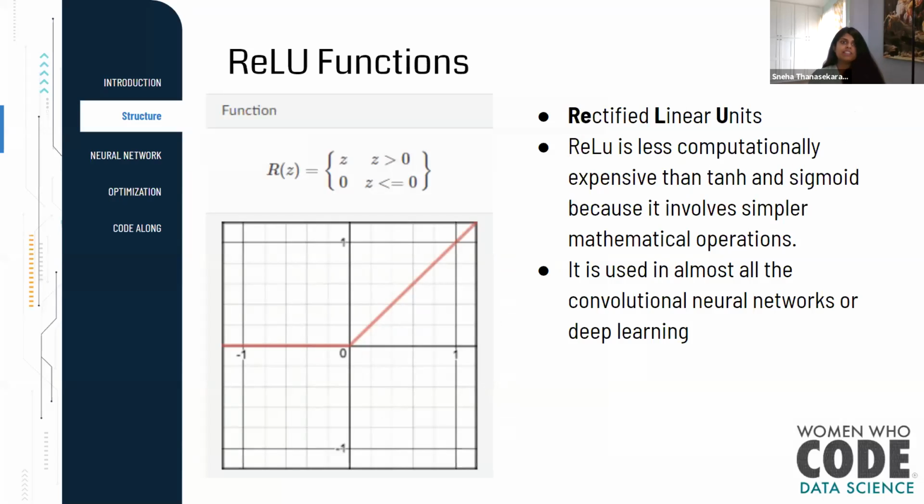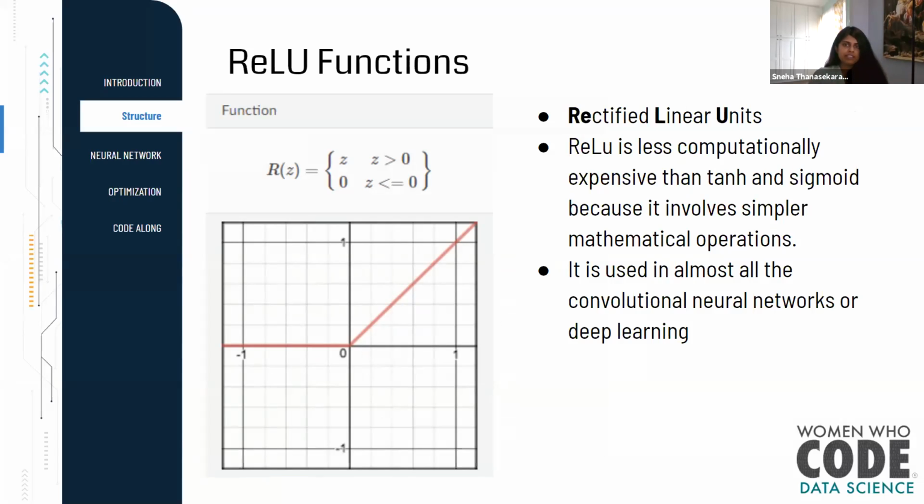The next one is rectified linear units. Despite its name and appearance, it's not linear, and it provides the same benefit as sigmoid, but with better performance. The ReLU is the most used activation function in the world right now, since it is used in almost all convolutional networks and deep learning.